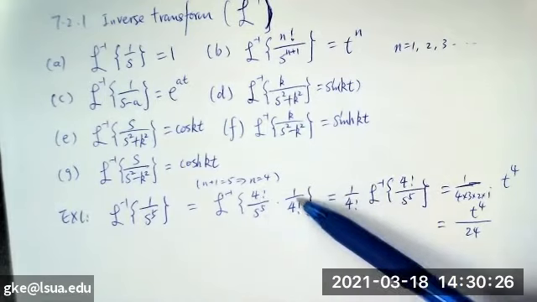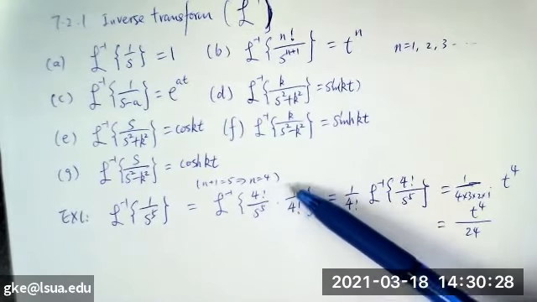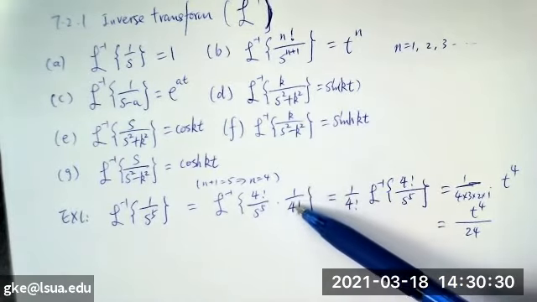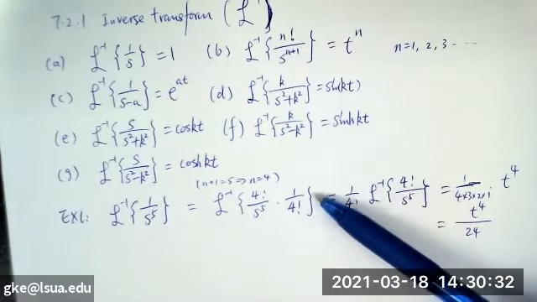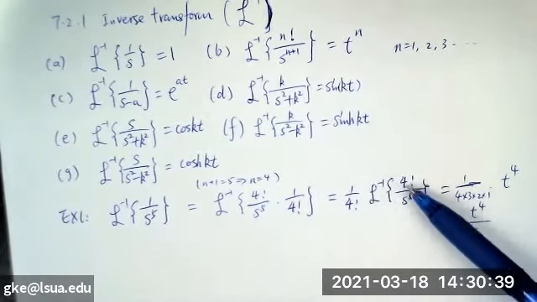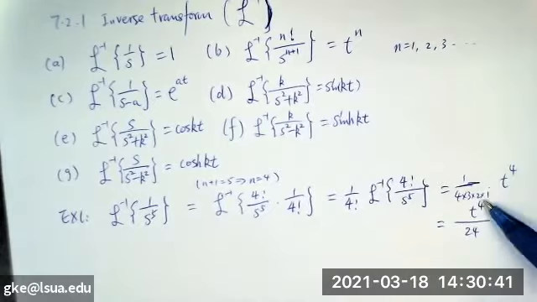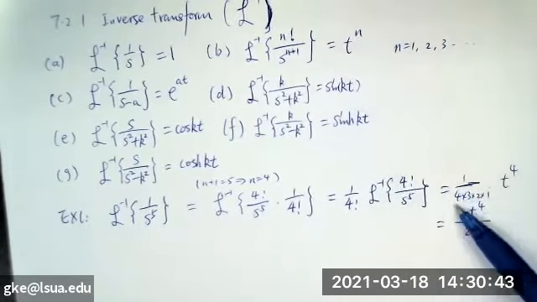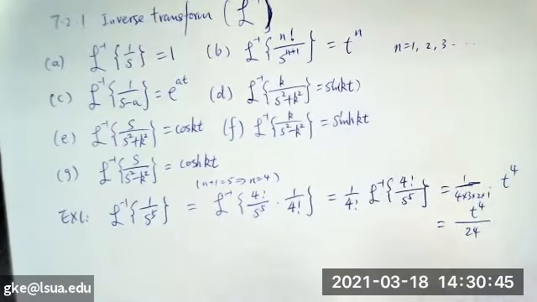Okay, and then put this guy out of this Laplace inverse transform. And the whole thing equals t to the power 4, right? And the coefficient is going to be 24.